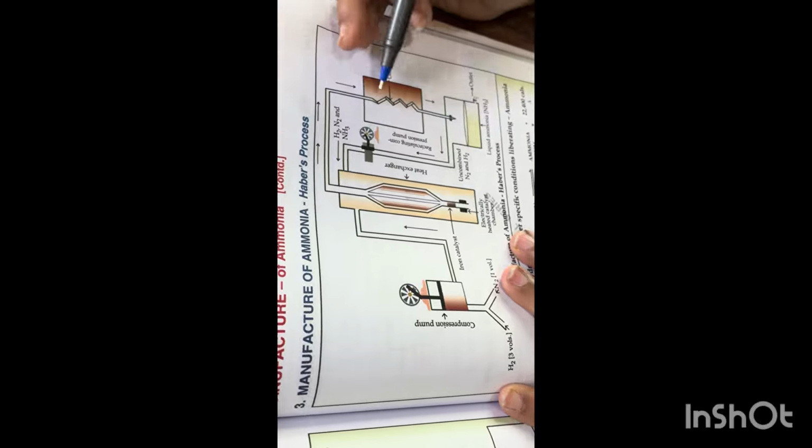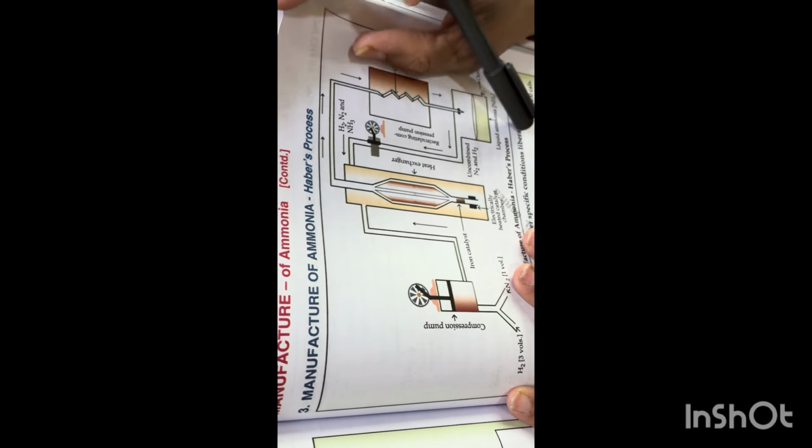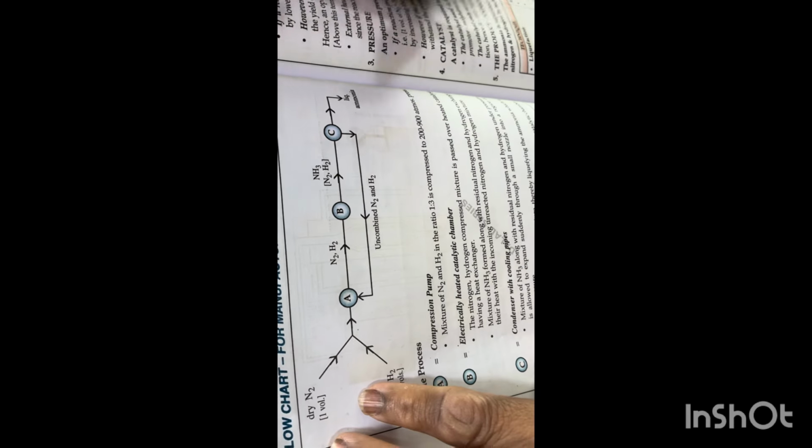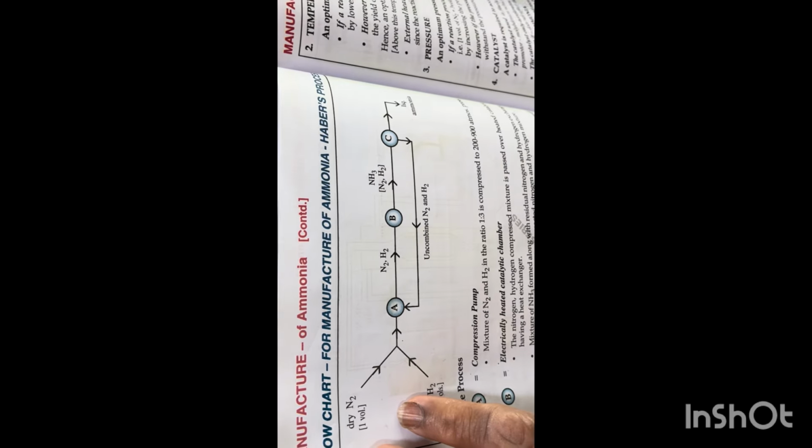You see the cooling coils, the cooling pipes. From the heat exchanger it will come to the cooling coils and cooling chamber. Now this mixture at C, the ammonia along with the residual nitrogen and hydrogen, is allowed to expand, and this results in a fall of temperature.